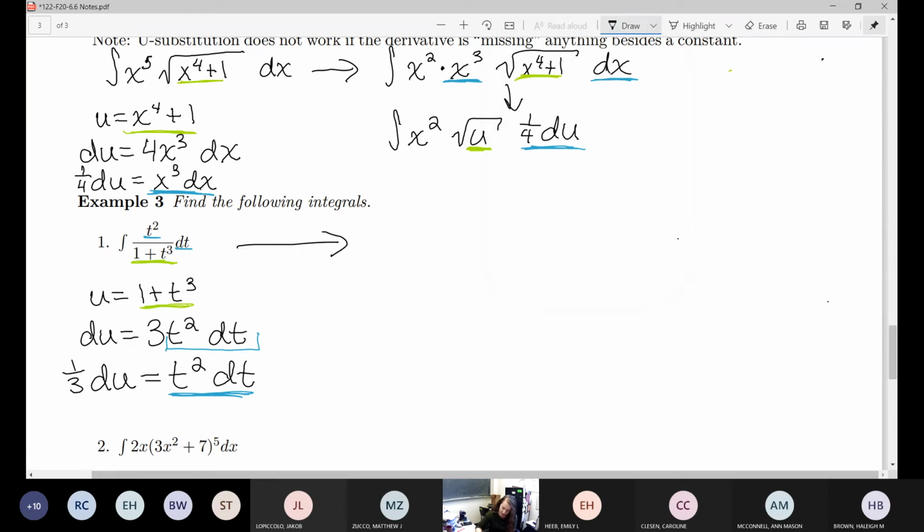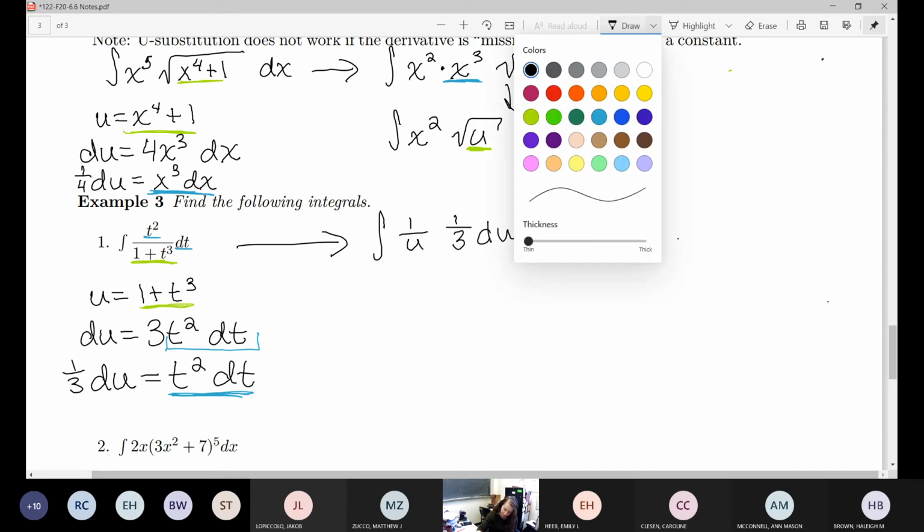So if I start replacing things, again, since the thing that we're setting equal to u started in a denominator, it needs to stay in a denominator. So we need to have 1 over u. And then the t squared dt is going to get essentially sucked up and transformed into a 1/3 du.